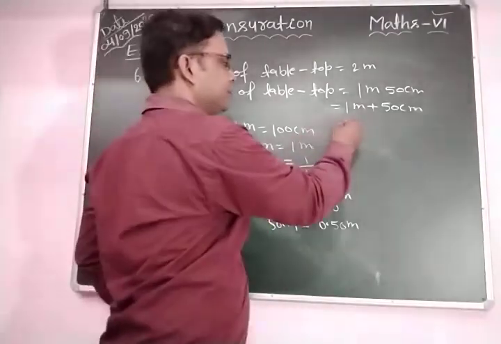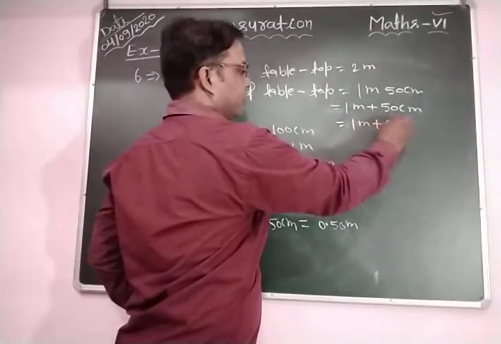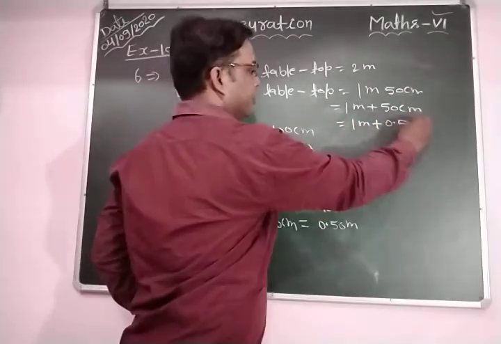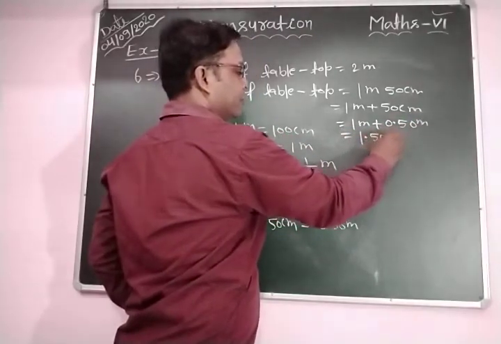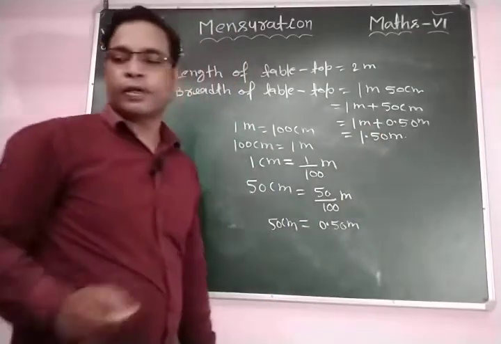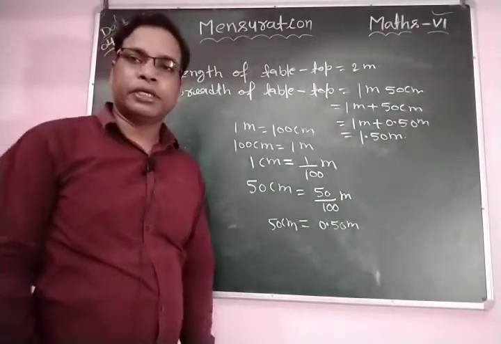So 1 meter plus 0.50 meter is equal to 1.50 meters.